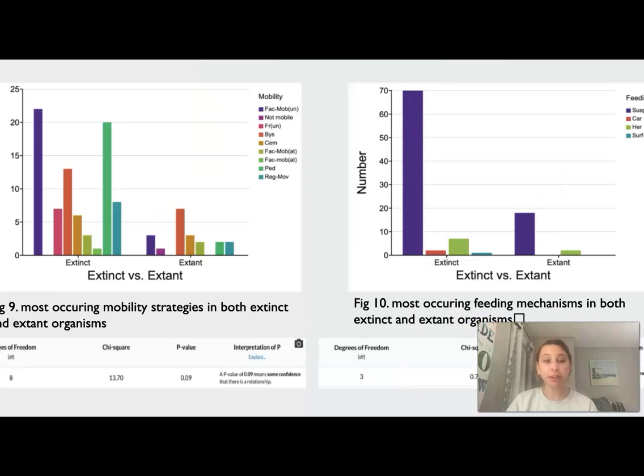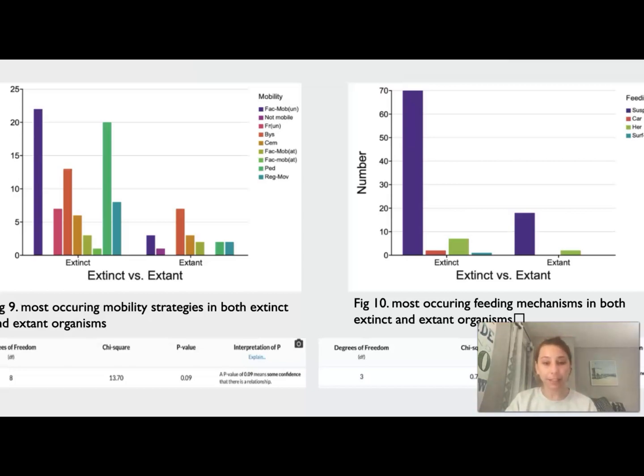Figure 9 shows the most occurring mobility strategies in both extinct and extant organisms, and the most occurring one in the extinct category is facultative mobile unattached, and that was where they were able to move freely.